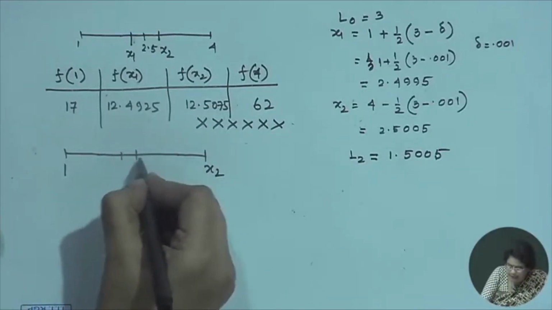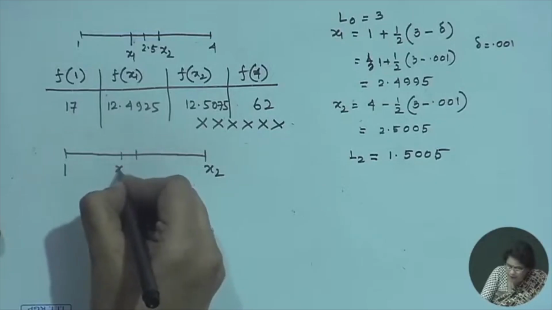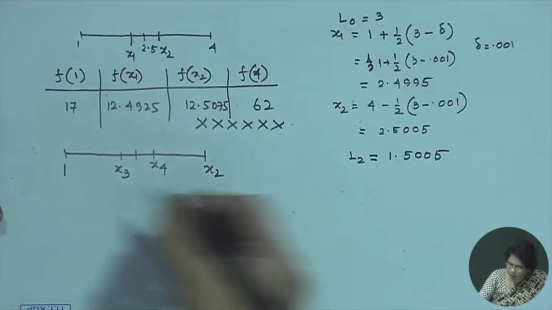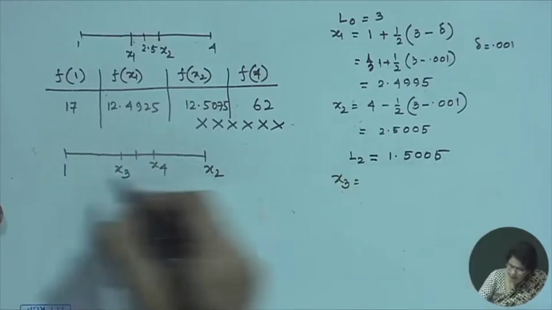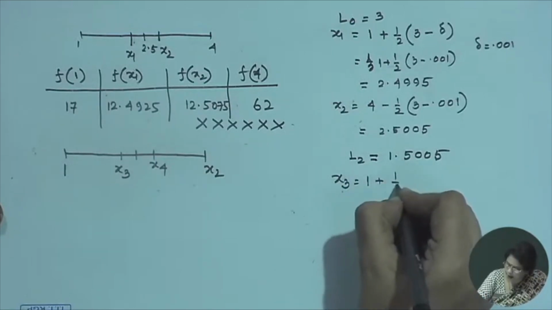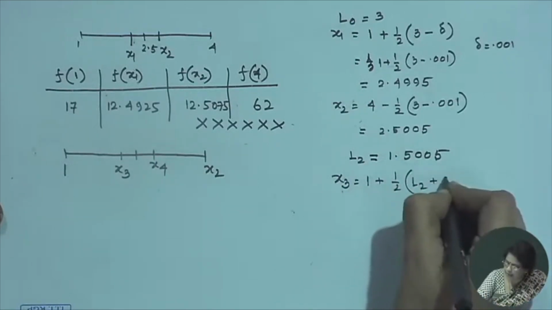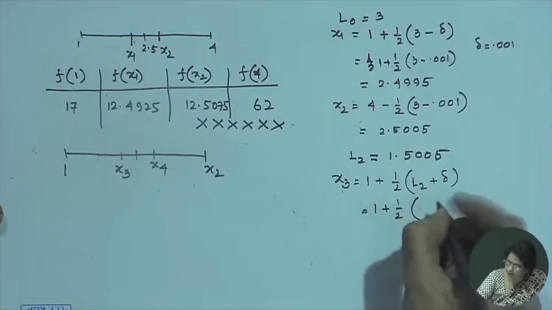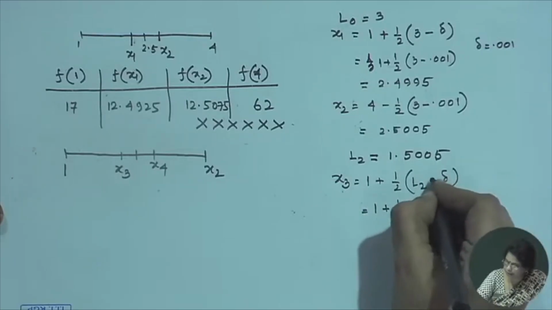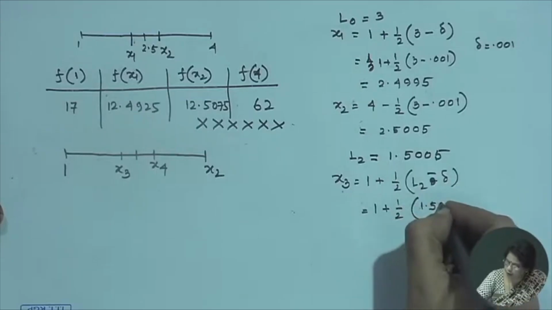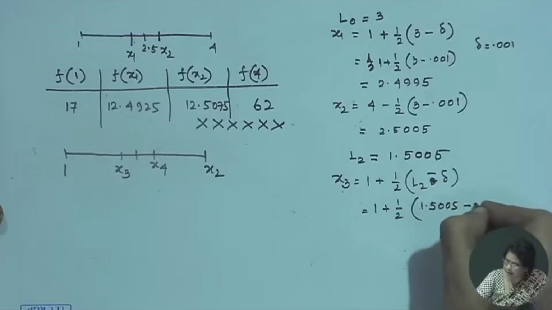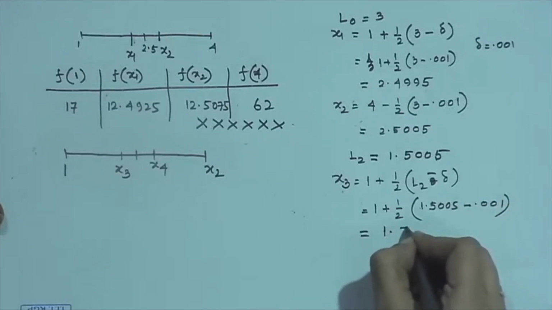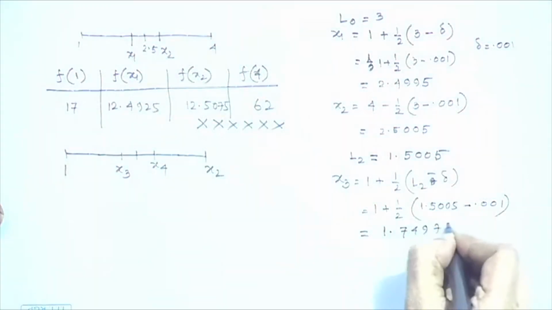Okay. Again let us consider the middle value. Again you take delta by 2 distance from here, we will find x3 and x4, all right. Then what will be your x3? x3 will be equal to 1 plus half L2, it is not plus delta, minus delta, 1.5005 minus 0.001, and this value is coming as 1.74975.